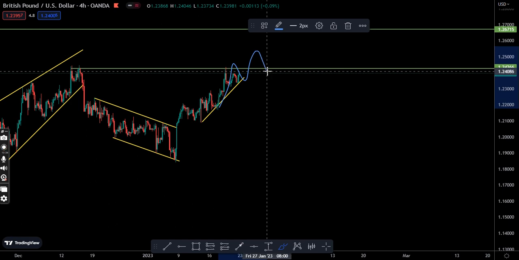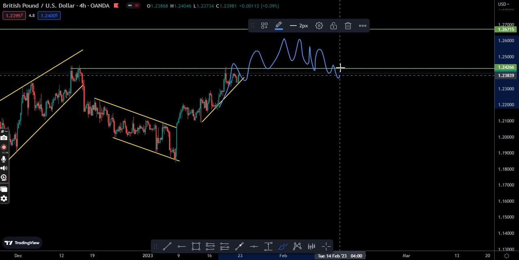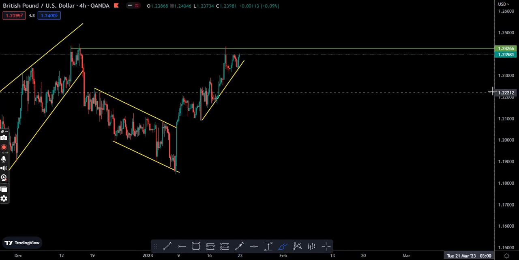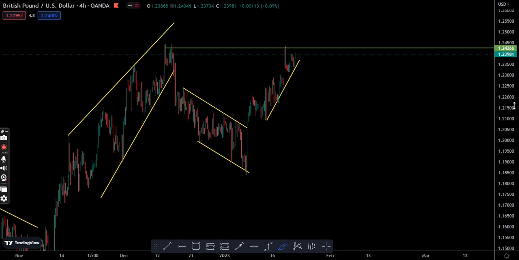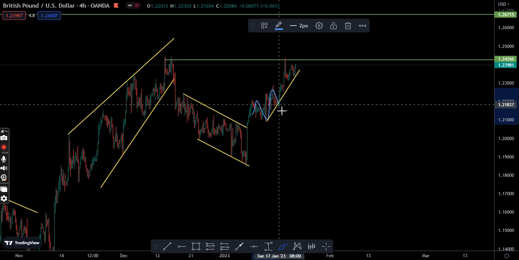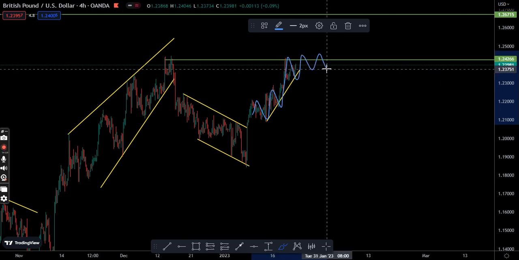What I'm doing with this drawing is called forecasting. Looking at every possibility that the market can provide in order for us to enlighten ourselves, so that even if one of the possibilities that we drew here happens in the future, we won't be surprised. It won't be new to us.